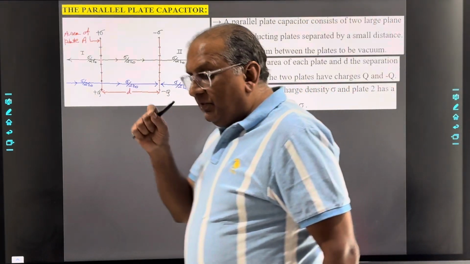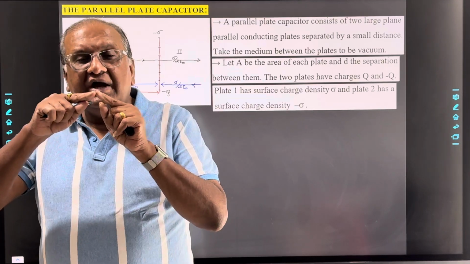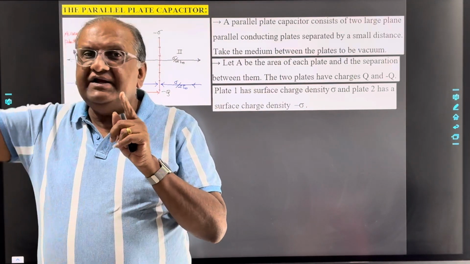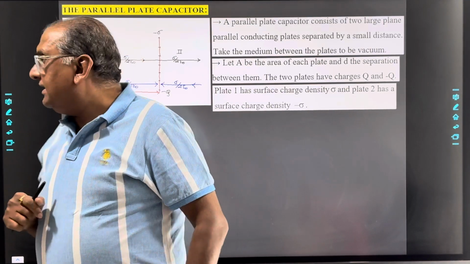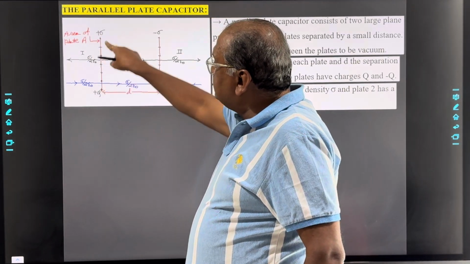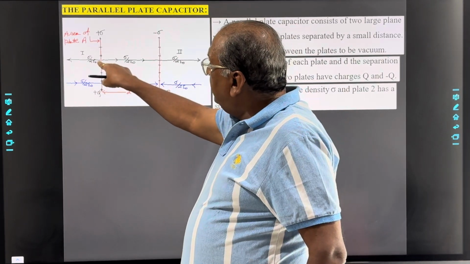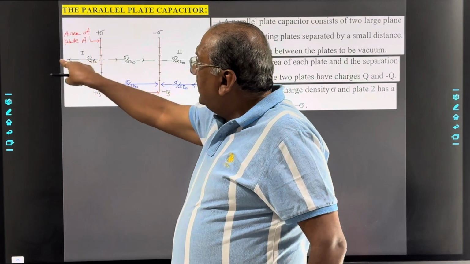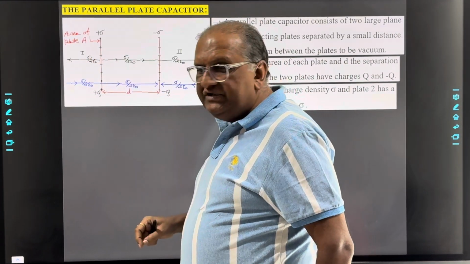For positive charge, the electric field goes out from the charge, and for negative charge it goes from infinity to the charge. So for the positively charged plate, the electric field on the left-hand side starts from the plate up to infinity with value sigma upon 2 epsilon 0.